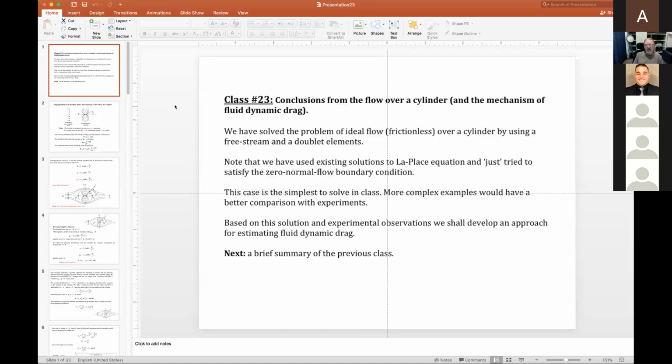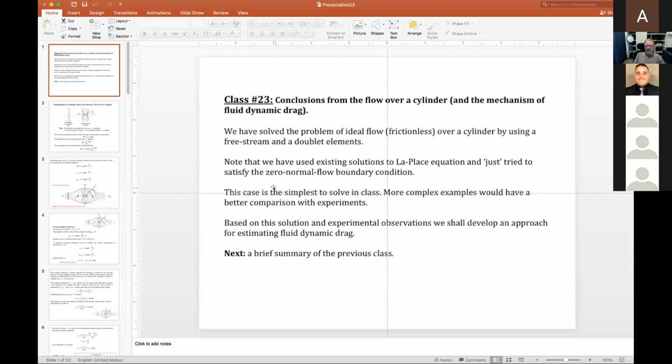In my second note, I said that we're actually not solving, we're just trying to get a combination which fulfills the required boundary condition. So that's how we got the doublet pointing into the flow and eventually ended up with a streamline which looks like a circle, but there's no flow through it. Therefore we said, oh, that's a flow over a cylinder. I also mentioned that that's the simplest case to demonstrate in class which looks like something realistic, and that's why we did that.